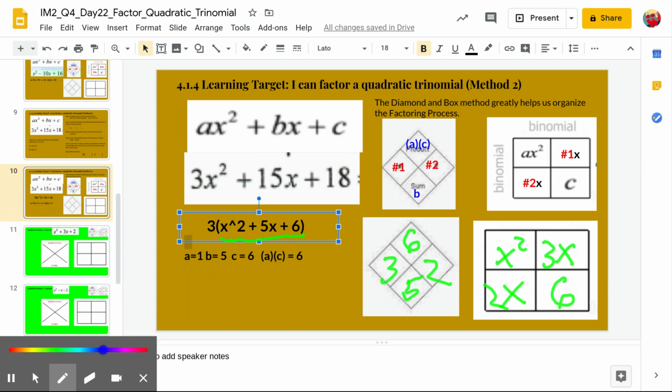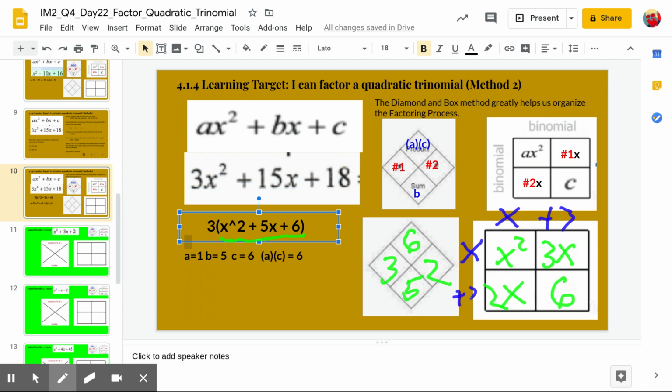Let's start on the upper left side going horizontal. x squared and 3x. The GCF is just x. Start on the upper left going down, x squared and 2x, the GCF is just x. All right, going across the top, x times what is 3x? Oh, 3. Going down the first column, x times what is 2x?